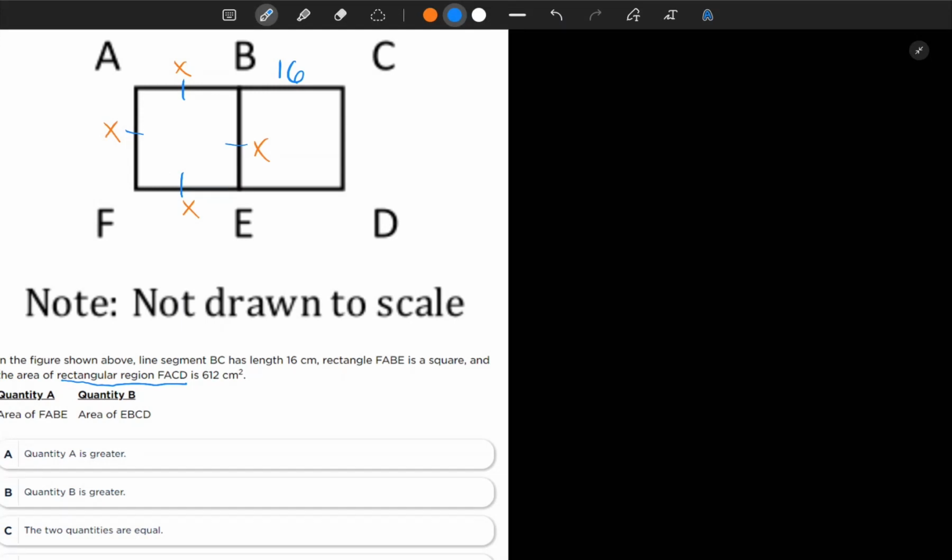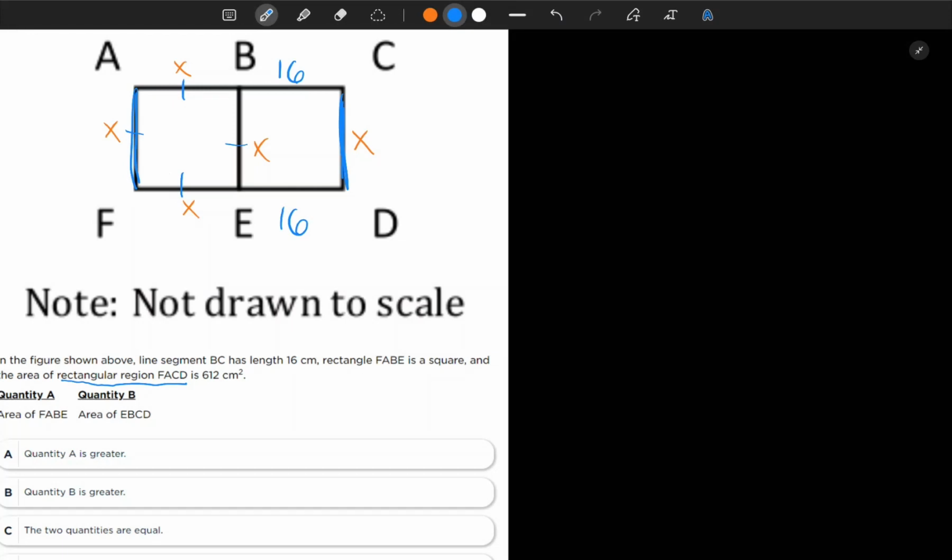So automatically, we know that the opposite side lengths should be equal to each other. So we know that CD is equal to x in order for this side length to be equal to this side length, because it's a rectangle. And we know that ED is equal to 16. And that's to ensure that AC is equal to FD to make this a rectangle.